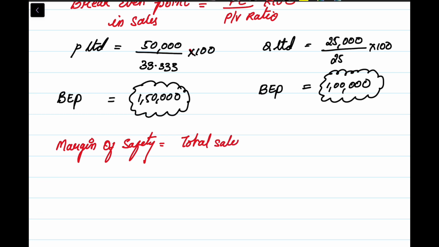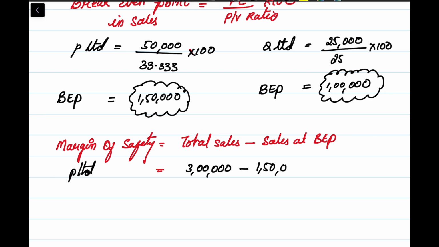Then next is margin of safety. Formula for margin of safety is total sales minus sales at BEP. P Limited total sales is 3 lakh minus sales at BEP is 1,50,000. So margin of safety is 1,50,000.